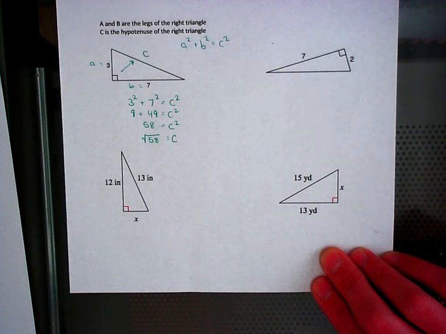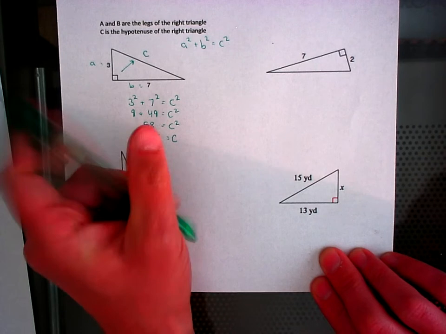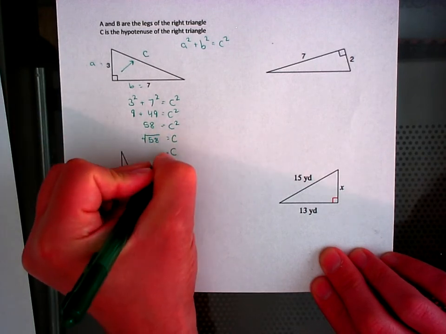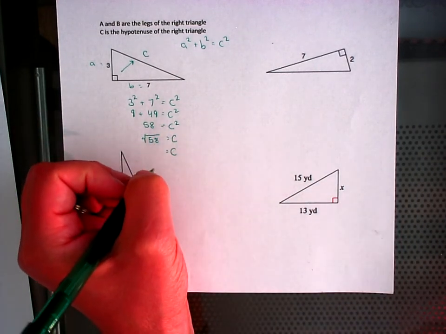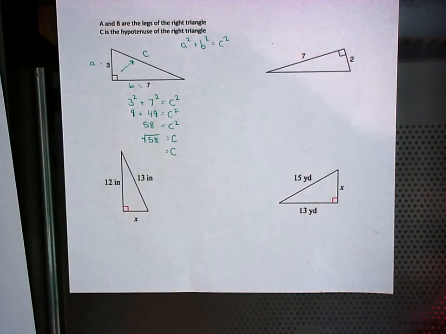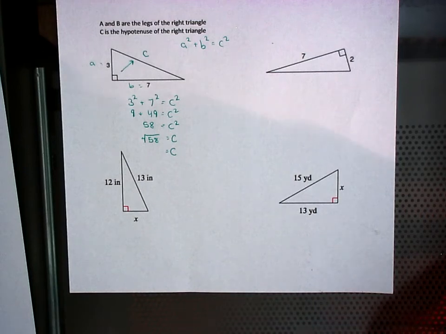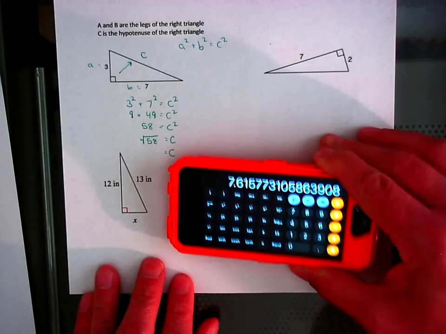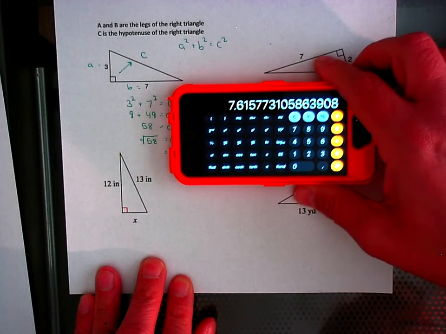So what you need to do is sort of put it into the calculator. And when I put the square root of 58 into the calculator, I can go 58, hit the square root key, and I get all of this.